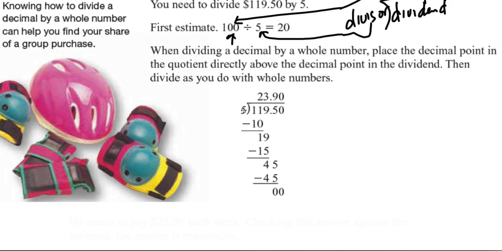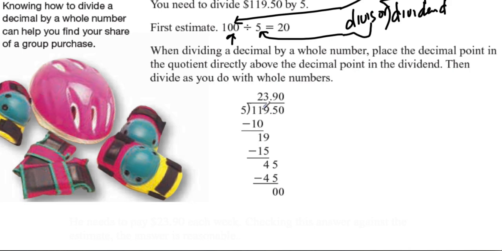The divisor is 5. It says here put the decimal point in the quotient directly above the decimal point. So if you notice, this is the decimal point. You put it directly above, and then you simply divide as if they're whole numbers.